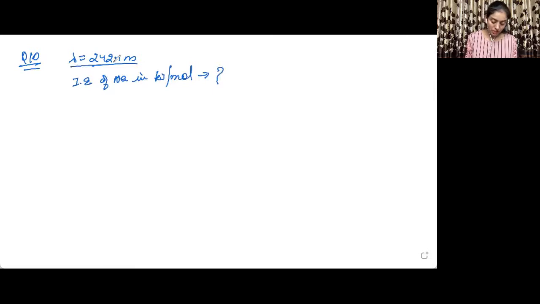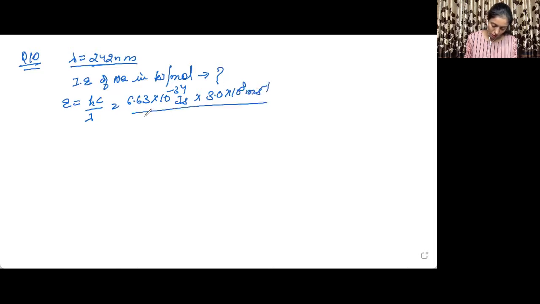Now the energy associated with this lambda will be equal to the ionization energy of one atom of sodium. So E is equal to hc upon lambda, 6.63 into 10 raised to the power minus 34 joule second into 3.0 into 10 raised to the power 8 meter per second upon 242 into 10 raised to the power minus 9 meters.